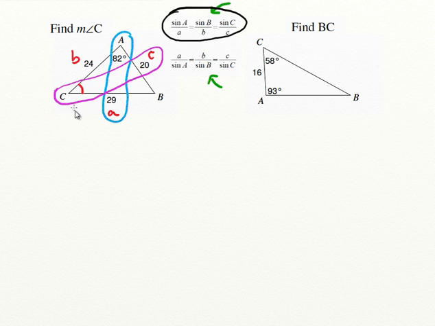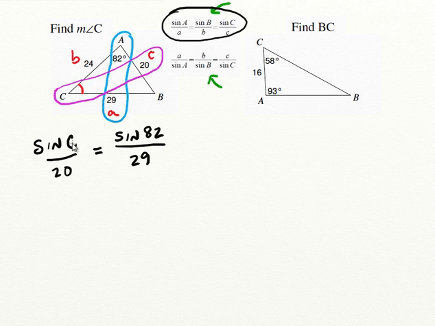So I'm going to write the sine of this unknown angle C over side length C, which is 20, will be equal to the sine of my known angle, angle A, which has an angle measure of 82 degrees, divided by its side length, which is 29.